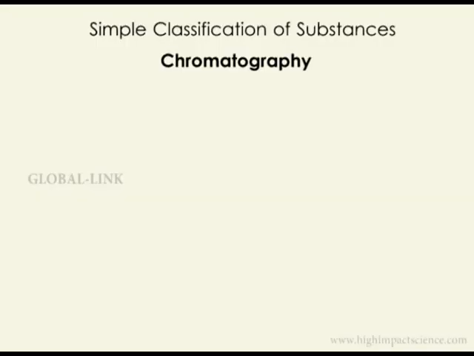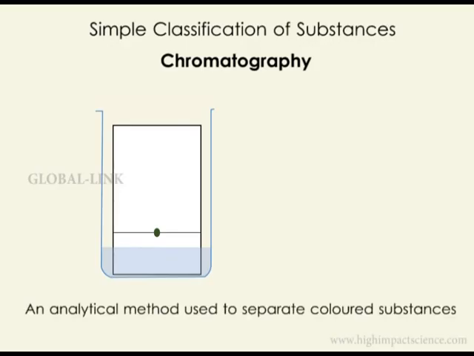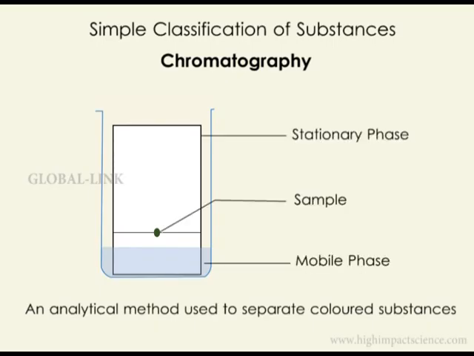The last method of separation that we look at is chromatography. Chromatography is an analytical method used to separate colored substances, especially pigments. In chromatography, the sample is distributed between two phases, a stationary and a mobile phase.